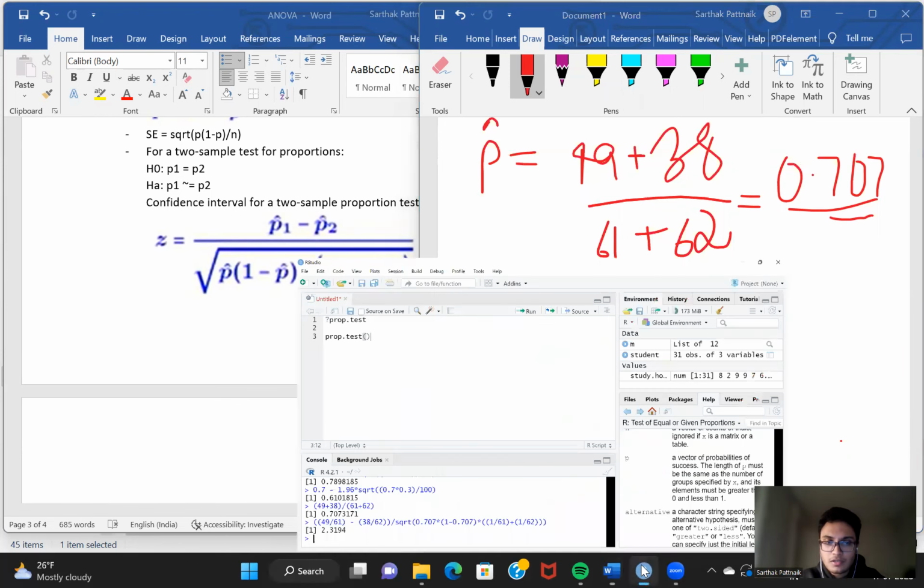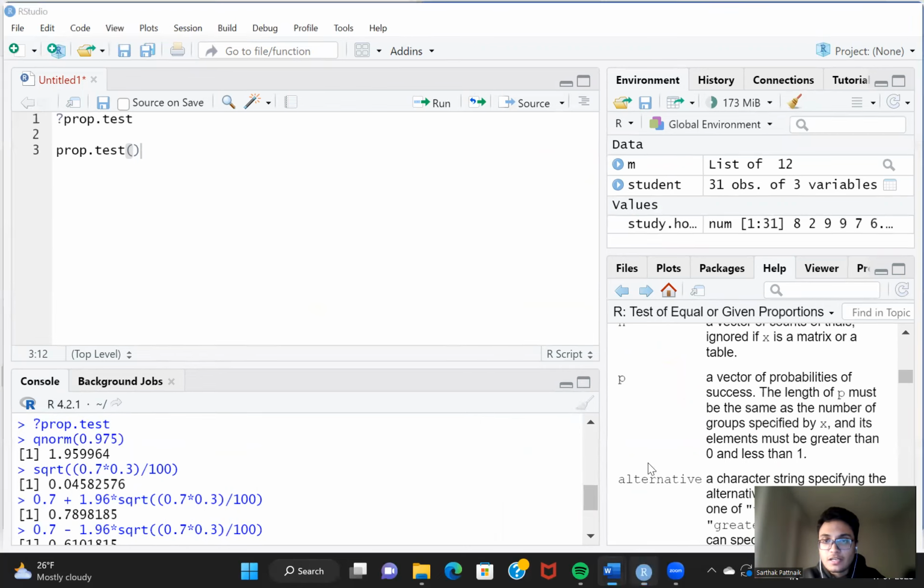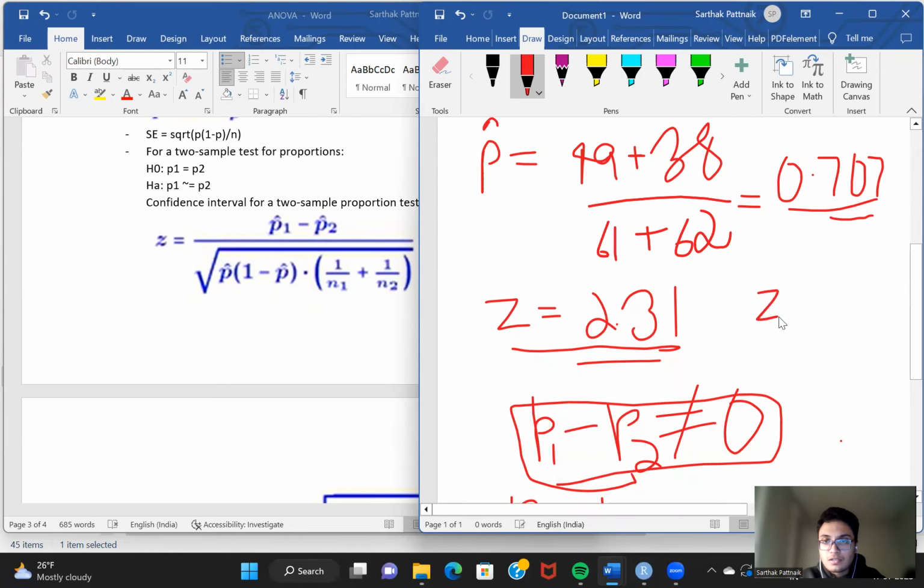So if I had to again do it at 95% confidence level or 0.05 alpha, I have to again compare this with 1.96.